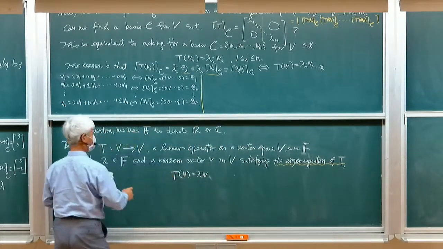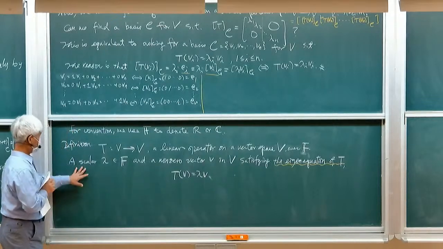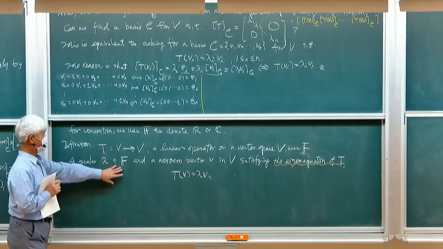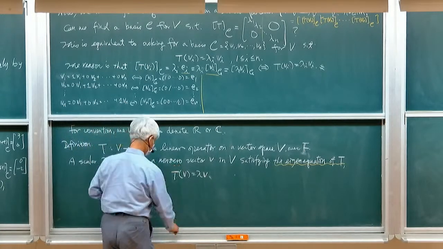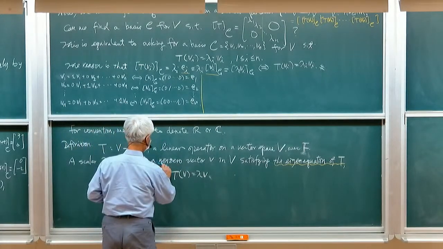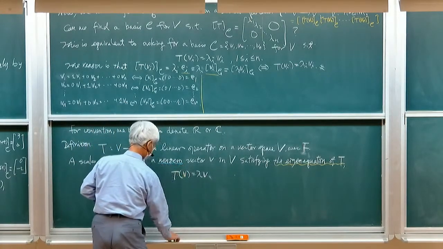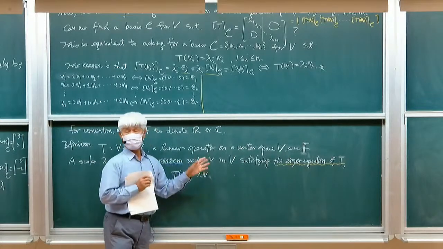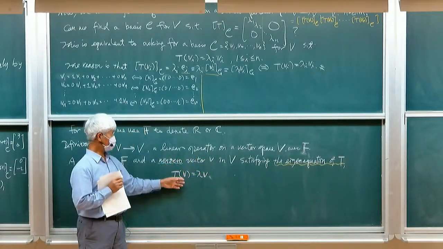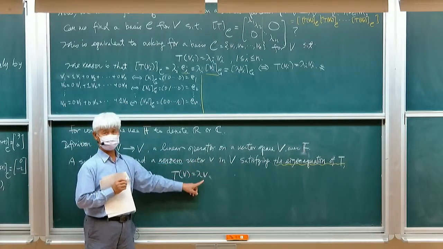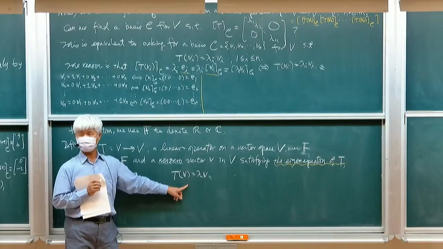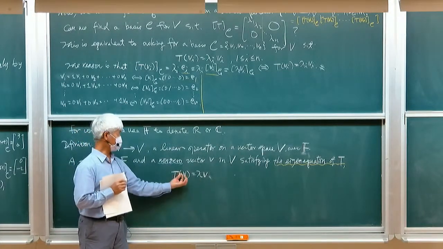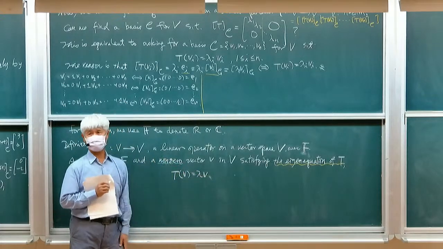So if we have a scalar lambda in F and a non-zero vector V, we have to emphasize non-zero. Why? Because if V is the zero vector, then the zero vector always satisfies this Eigen equation for any lambda, of course.